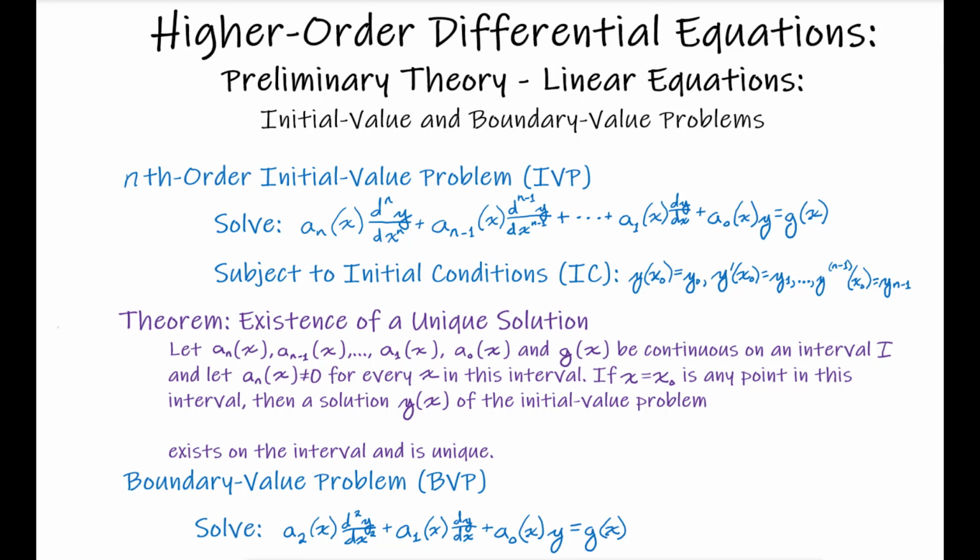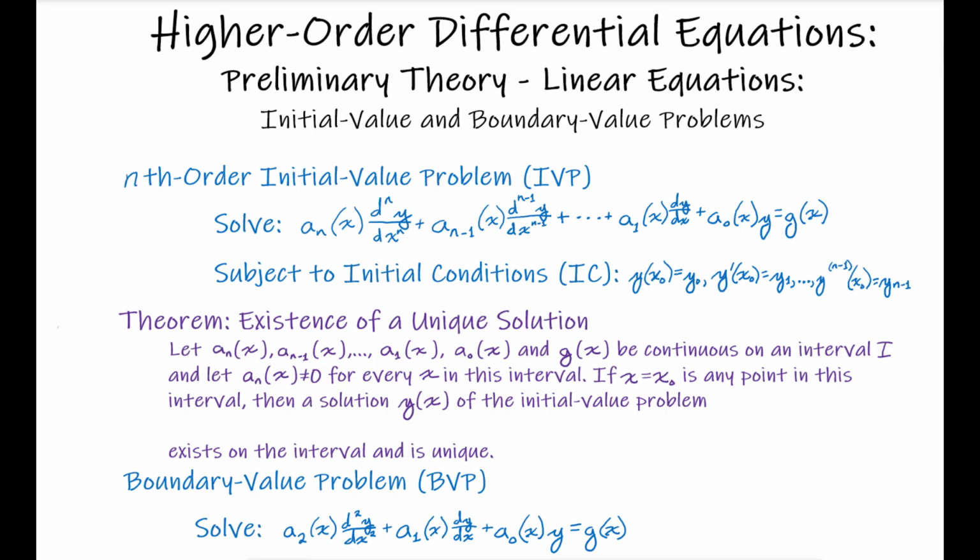And we keep doing that, moving down our chain of derivatives until we have a sub 1 of x times our first derivative of y with respect to x, plus a sub 0 of x times y. And that's going to equal some function of x, g of x. And that is a higher order differential equation.